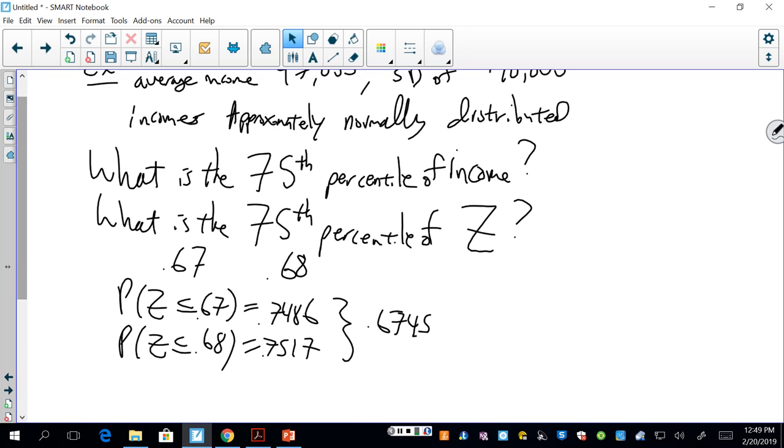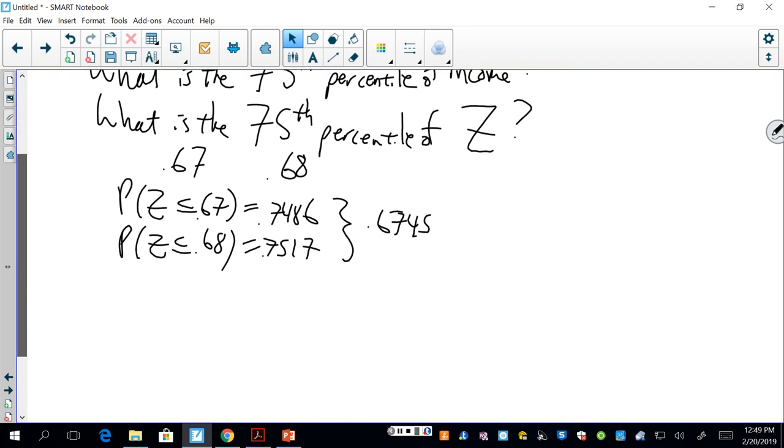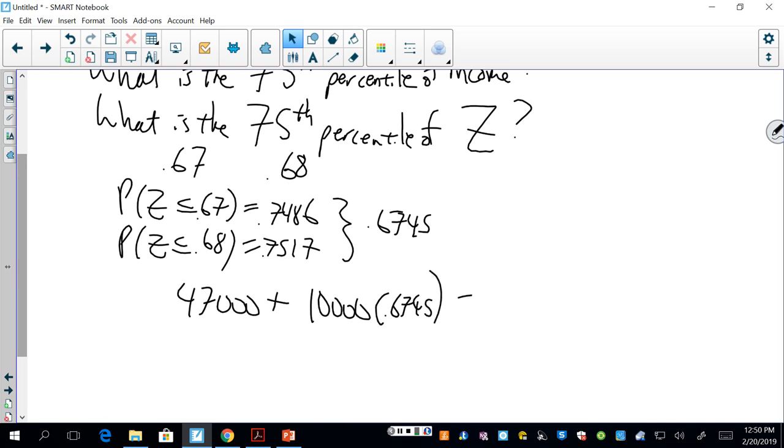We've got to transform it back to the scale of incomes. So we're going to multiply that number. I'm going to use this one. The average was 47,000, and the standard deviation is 10,000, so you multiply that by 0.6745 and you'll get 47,000 plus the 6,000 some, so it's $53,745.